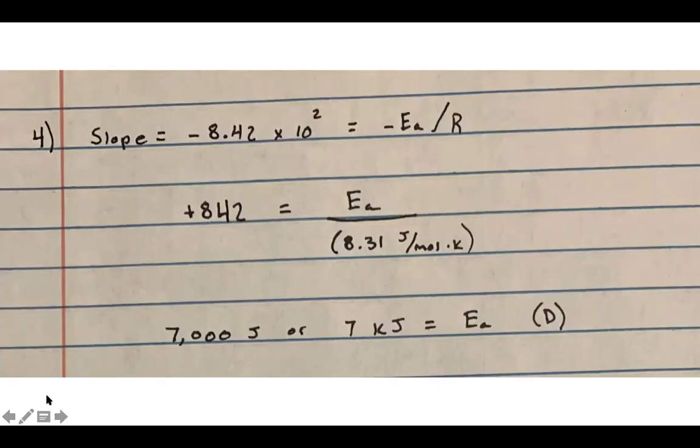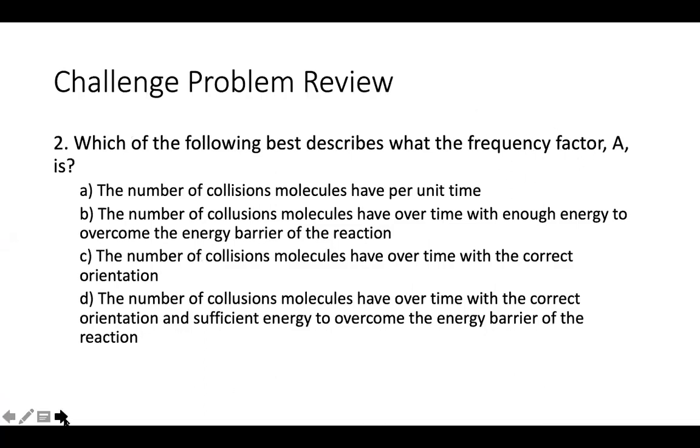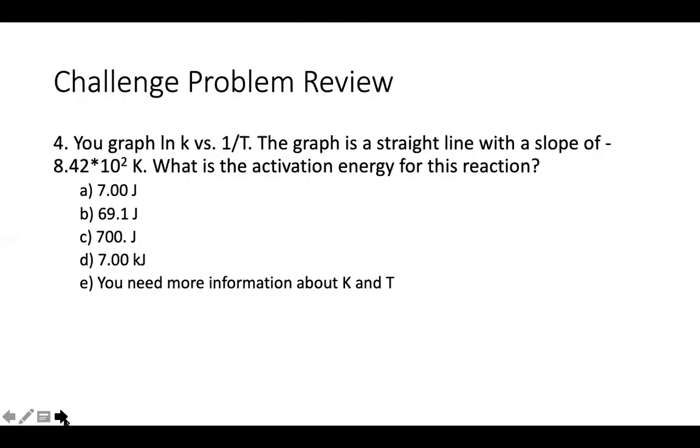The other thing you should note is that your y-intercept corresponds with the natural log of A. Sorry, I'm forgetting what A is called. The frequency factor is A. Sorry, I completely spaced on the name there. So the natural log of A, that frequency factor, would be your y-intercept when you plot the natural log of k versus the inverse of temperature.